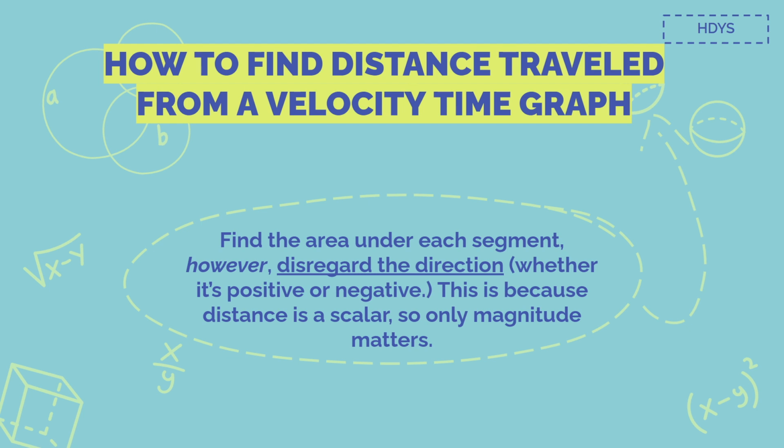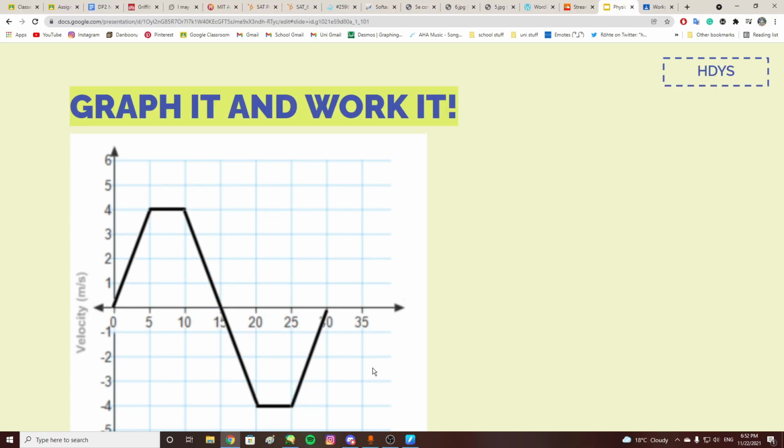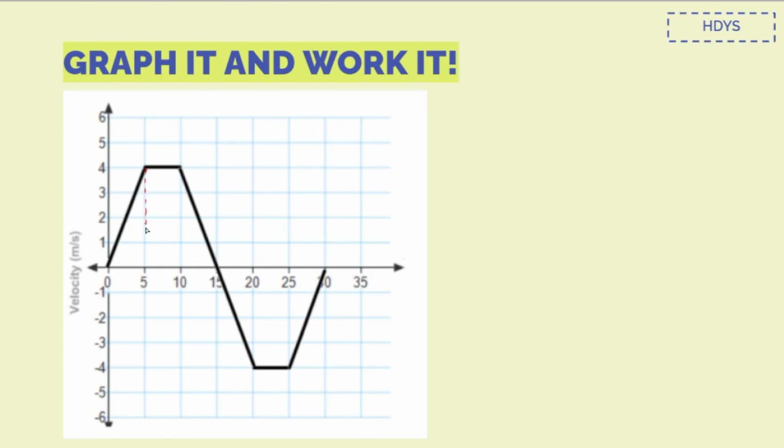So when finding the distance, even if we find the area, we have to disregard the direction, whether it's positive or negative. This is because distance is a scalar, so only magnitude matters. Now let's do it again. In this segment here, we have a right triangle. This segment here, we have a rectangle, and then this one, a right triangle.